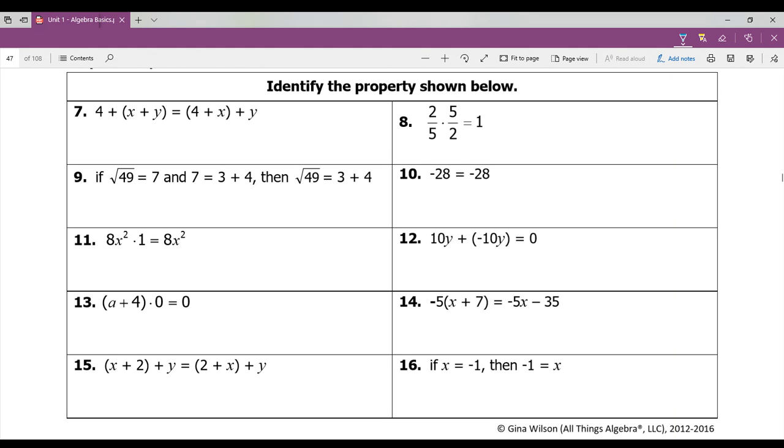So if I look at this equation, the only thing I notice that's changed is the location of my parentheses. The order has not changed. All I did was scoot the set of parentheses from the x plus y over here to the 4 plus x. That's your clue that this is the associative property, which means that it does not matter who I associate. Okay? Basically, you can move parentheses around and still be okay.